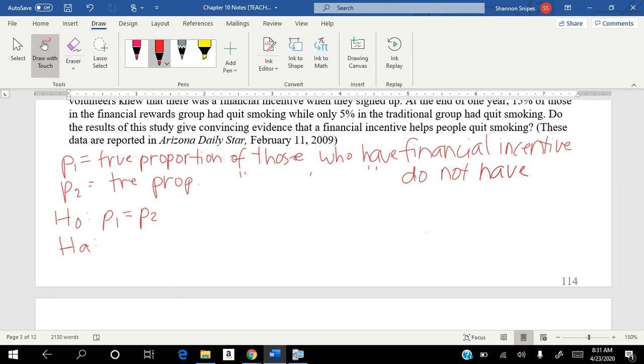So remember, P1 is the financial group, and that's going to be higher than P2. And we're going to let alpha equal 0.05 because it didn't tell us.